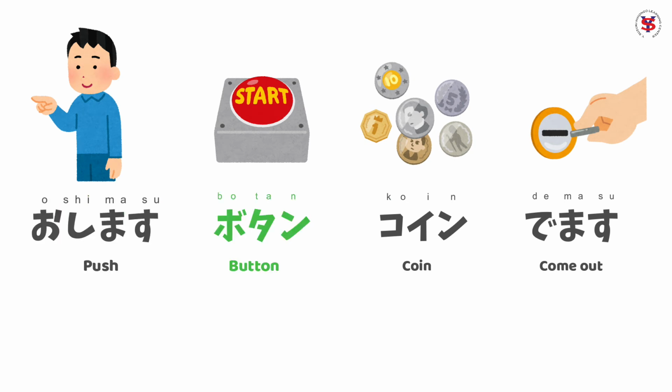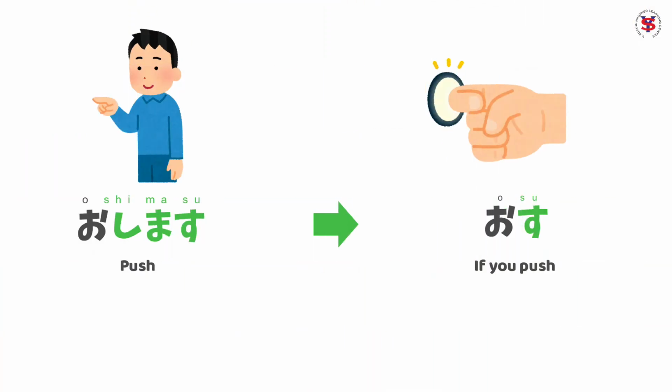Button is botan. Coin is coin. And come out is demasu. Okay, so ngayon, simulan na natin i-translate sa Japanese. Sa paggawa ng sentence na ito, kailangan natin gawing dictionary form ang verb oshimasu, so magiging osu.